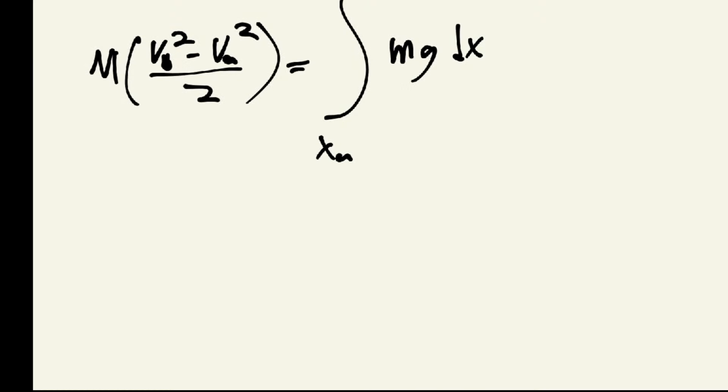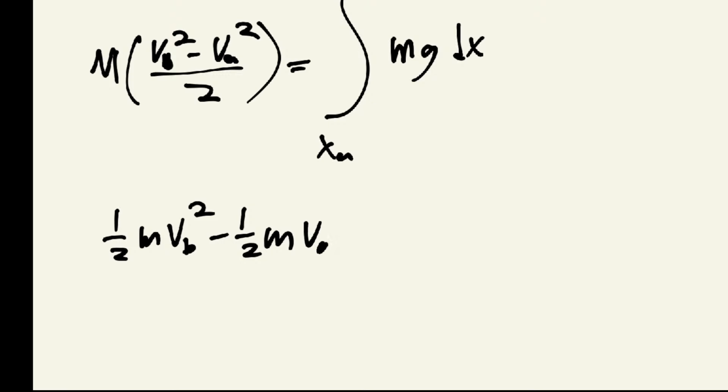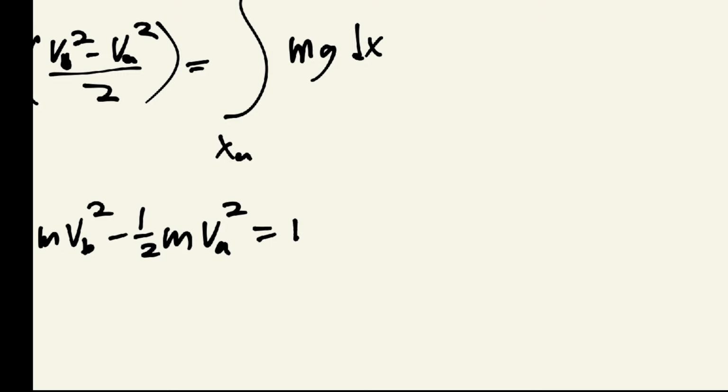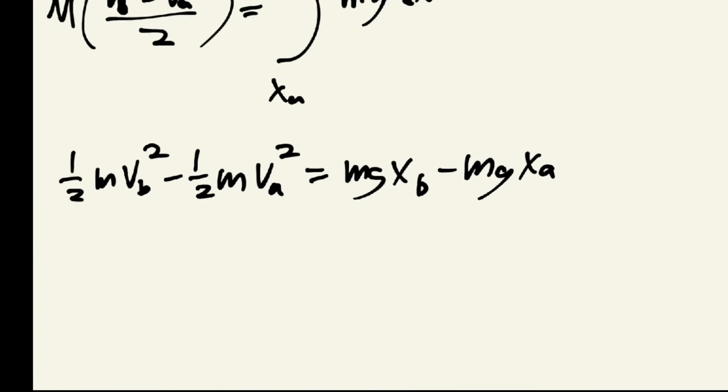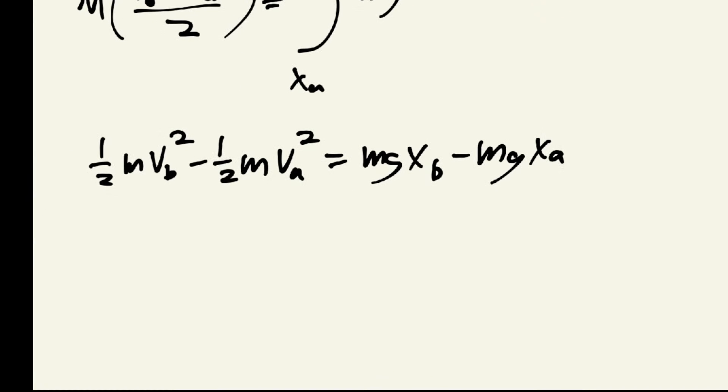And if we follow through with the integral, we get the idea that 1 over 2 m times vb squared minus 1 over 2 m times va squared equals mg times x sub b minus mg times x sub a. Isn't that super cool? Isn't that super, super cool?